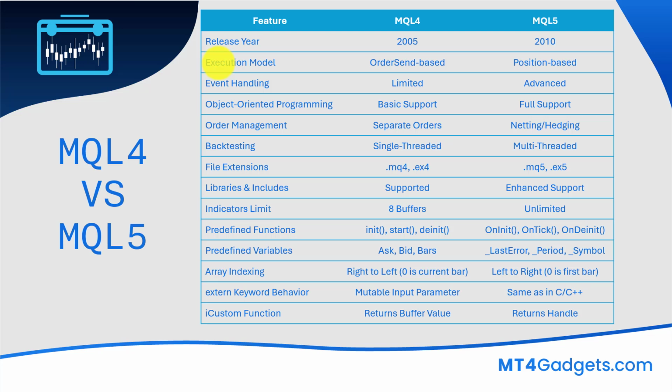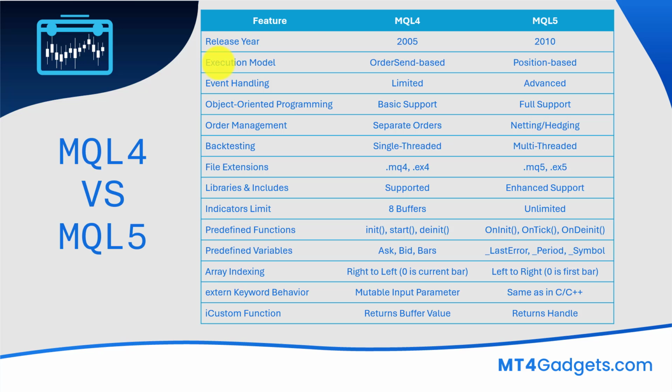File extensions reflect the version of the MQL language. So for MQL4, you have .mq4 and .ex4 extensions, while for MQL5, you have .mq5 and .ex5 extensions. The support for libraries and include files is supported in both. However, MQL5 has a bit broader support for these two modules.